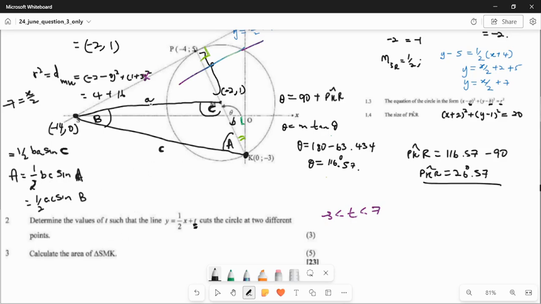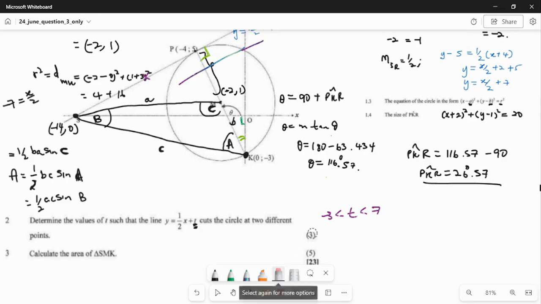But first, let us determine our sides. We need to select only two sides in this case. So either we work with angle C or angle B or angle A.